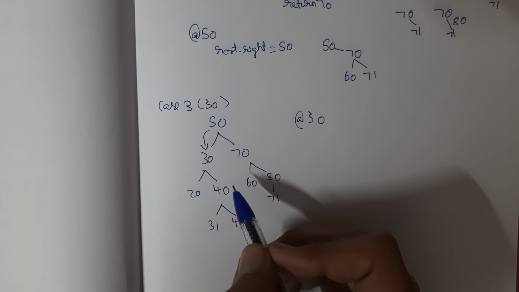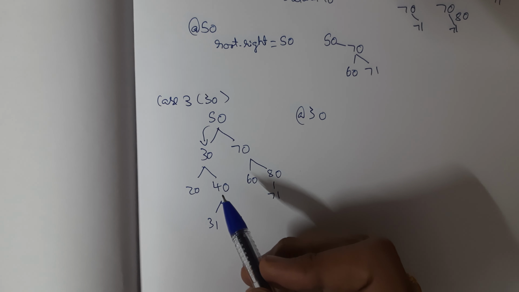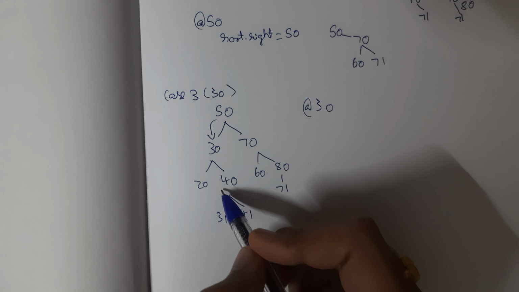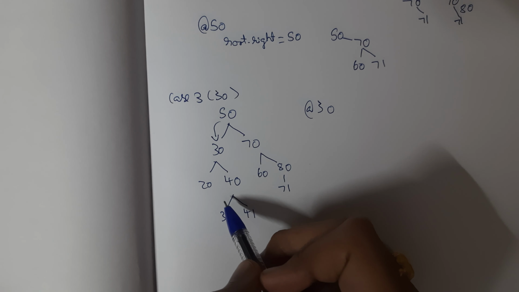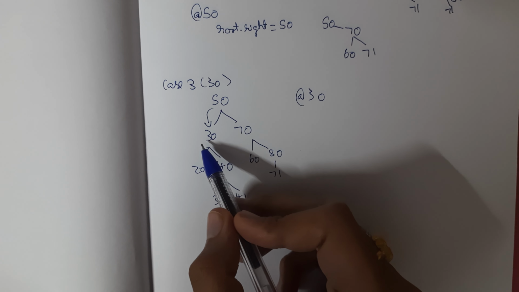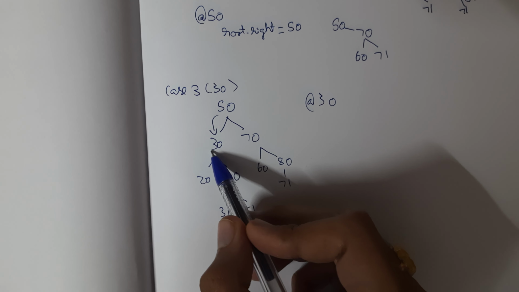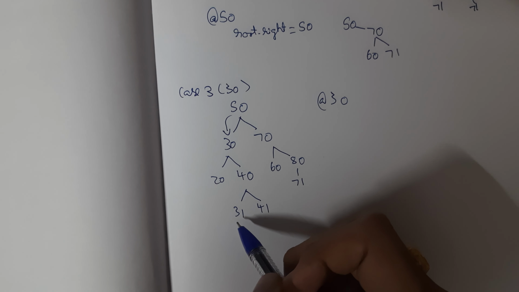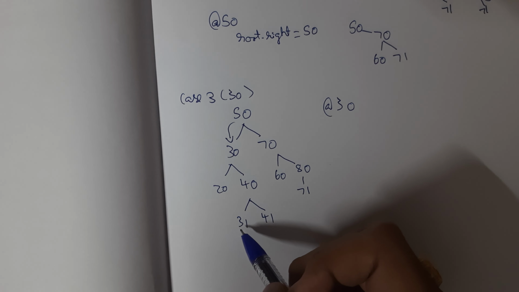not null. So what we are going to basically find here is the minimum value from the right subtree of node 30, and then replace the value at node 30 by the value at node 31. That is why we are calling the min value function.